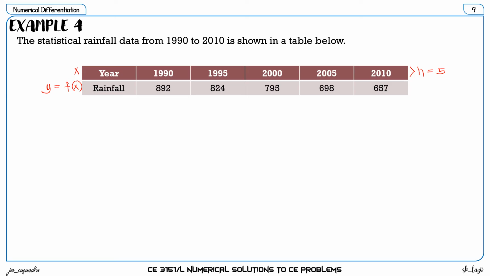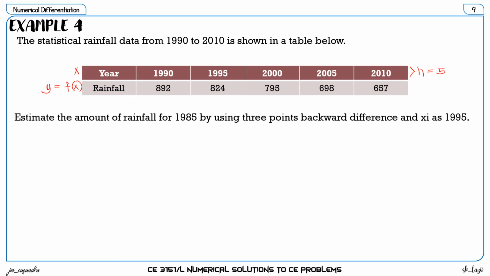In this example, we are now to estimate the amount of rainfall, meaning the function of x, for 1985. So the function of x for year 1985 is what we are looking for. And we are going to use the 3-point backward difference with xi equal to 1995.